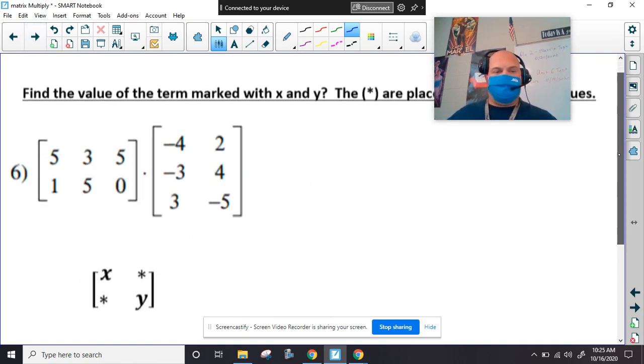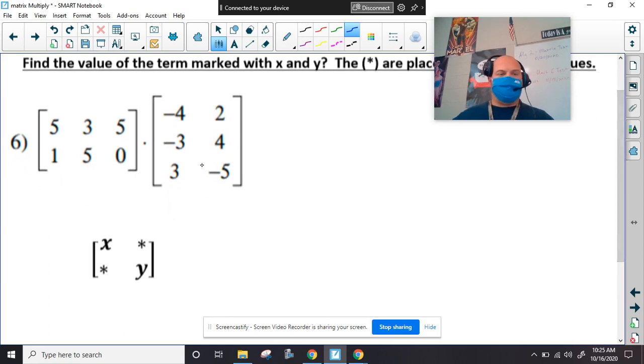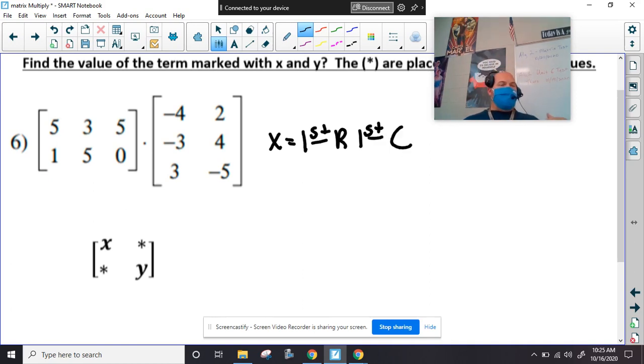Number 6. X is in the first row, first column. Now, this one has a lot more to multiply, but we still just do the same thing. So that's this row and this column.